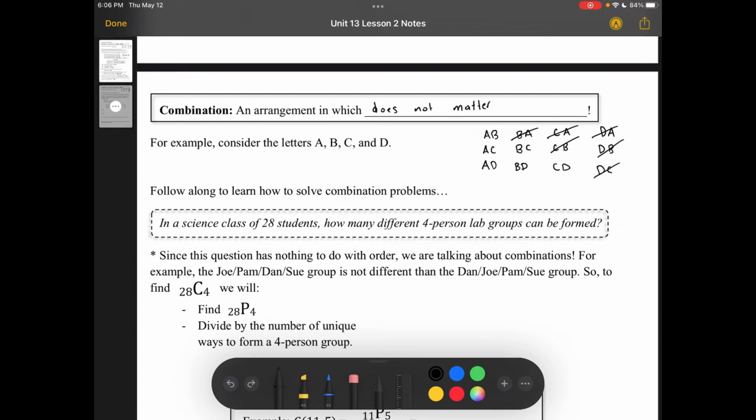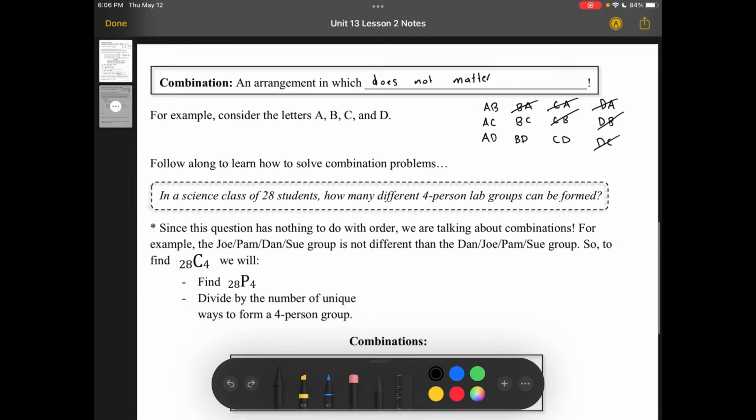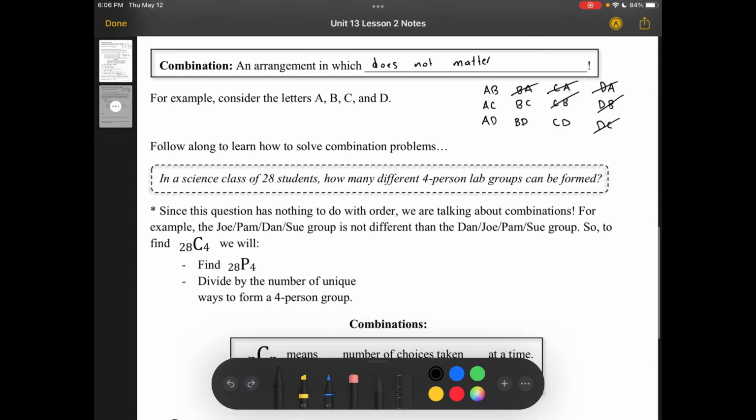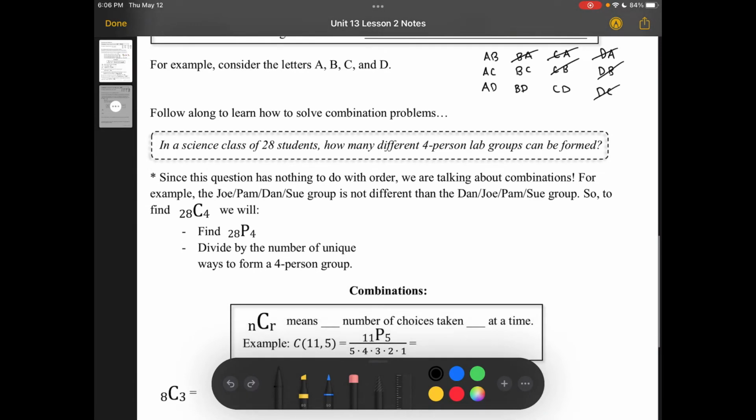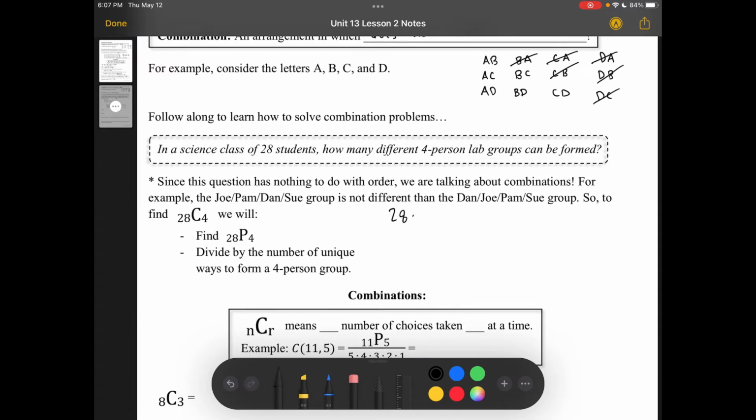So to find this combination, we're going to actually start by finding the permutation initially, and then we're going to divide by something. So let's find that permutation. 28 choose 4 gives us 28 times 27 times 26 times 25. And then whatever that is, we're going to divide it by the number of unique ways to form a 4-person group, which is 4 times 3 times 2 times 1.